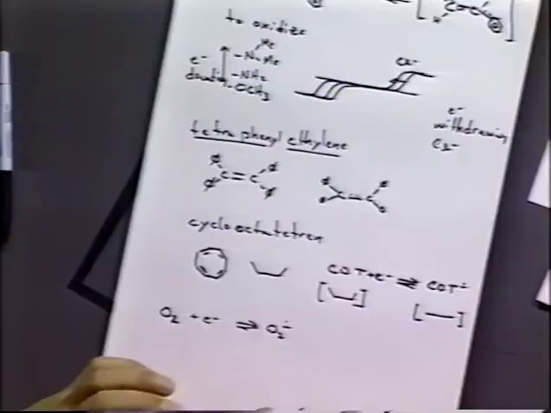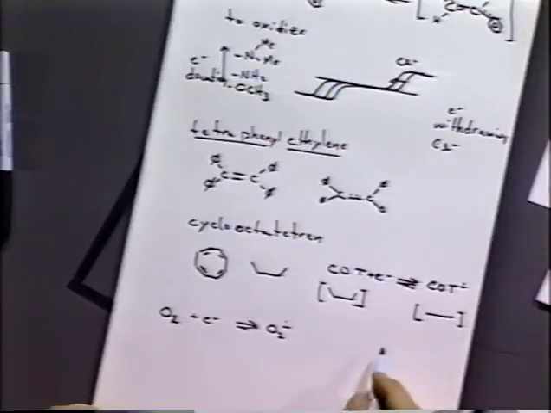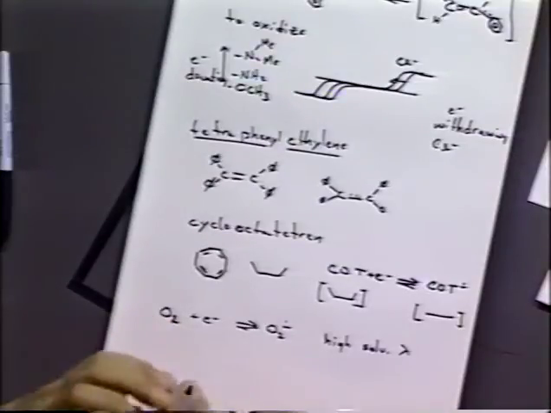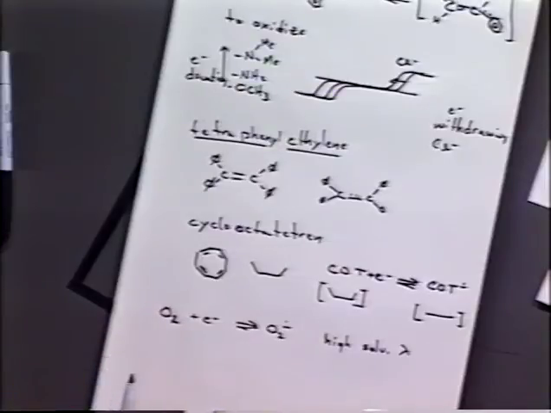Very little internal bond rearrangement, still a linear molecule, but it has a very high solvent reorganization energy. Because we go from a small molecule that's neutral to a small molecule that's charged, there's a high solvent reorganization energy. So again, this tends to be a slow reaction in non-aqueous solvents.